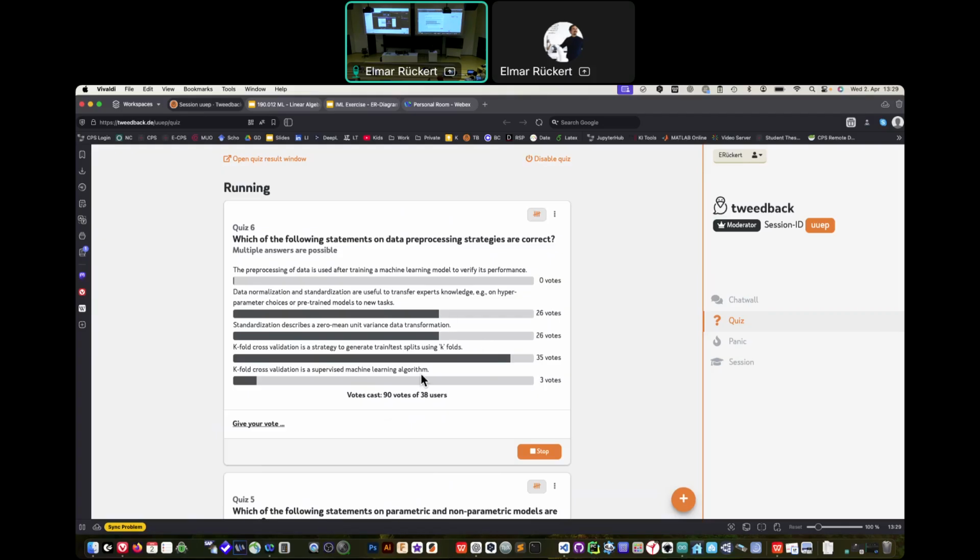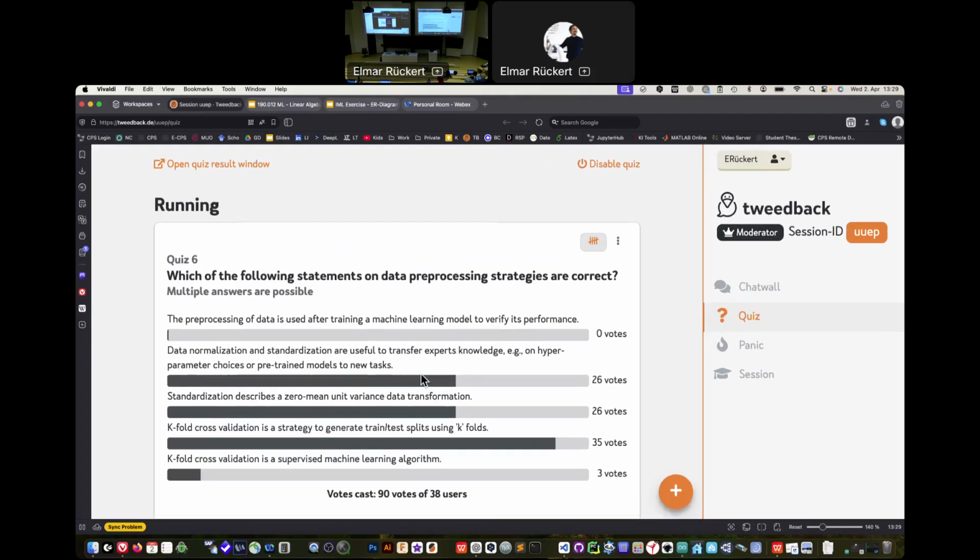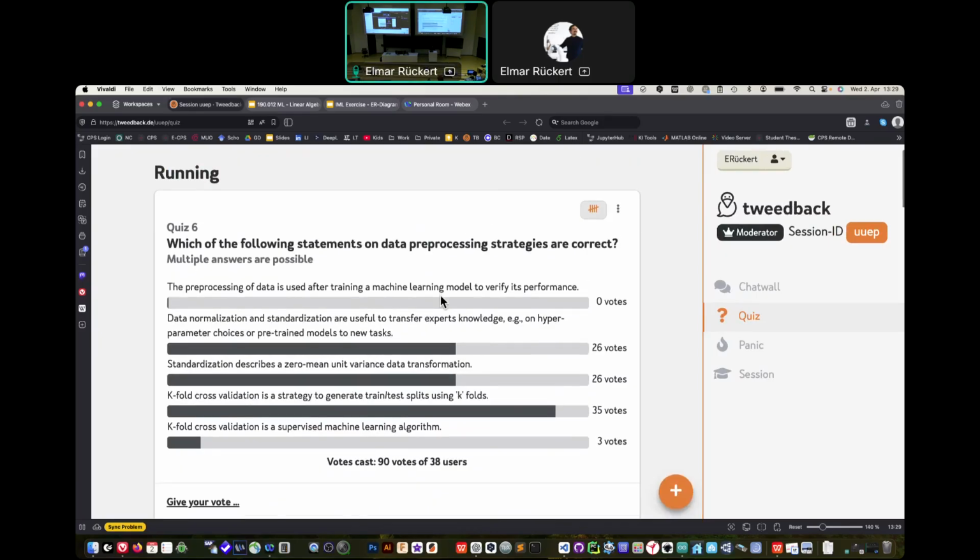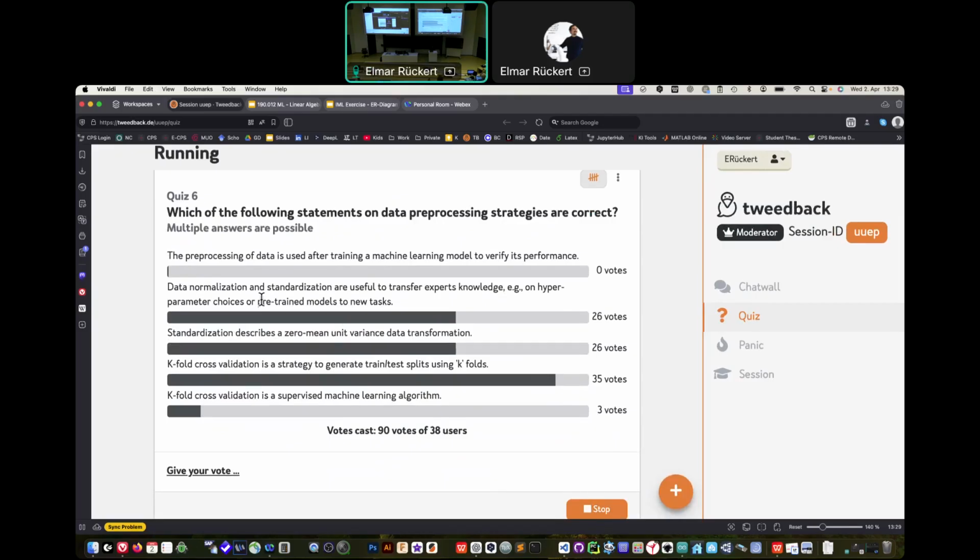But let's start. Let me make that bigger. You can all read it. So, which of the following statements on data pre-processing strategies are correct? The first one is wrong, for sure, because nobody ticked it. Then the second one: data normalization and standardization are useful to transfer experts' knowledge, for example, on hyperparameter choices or pre-trained models to new tasks.